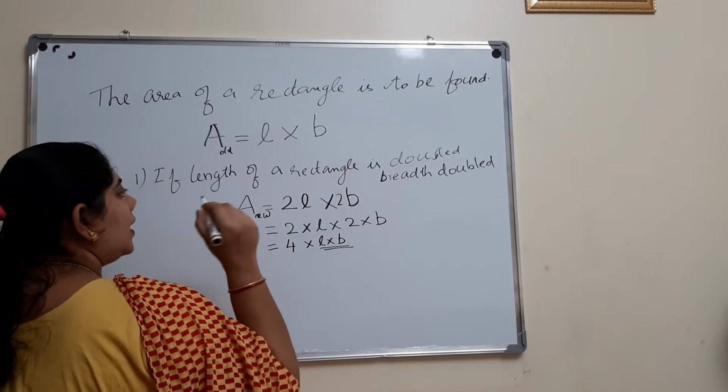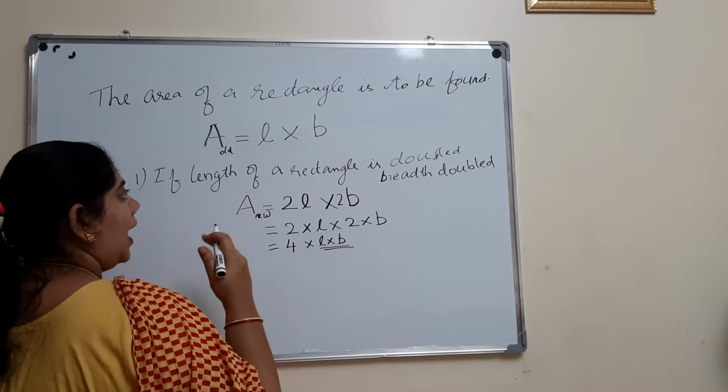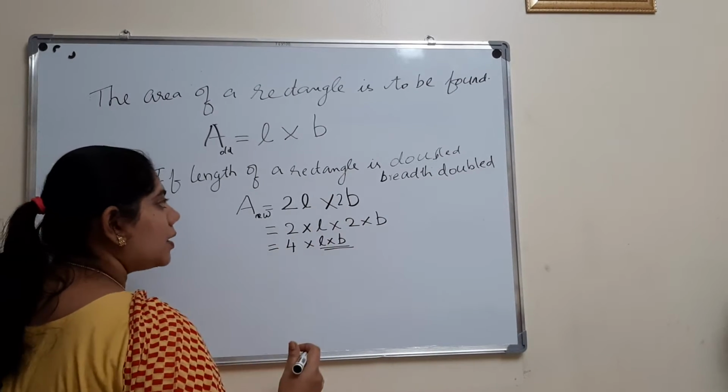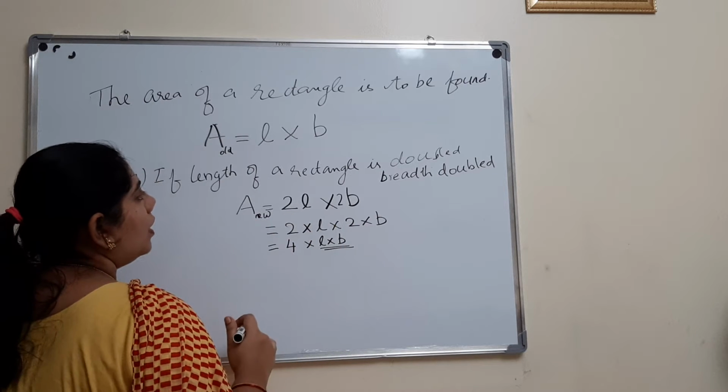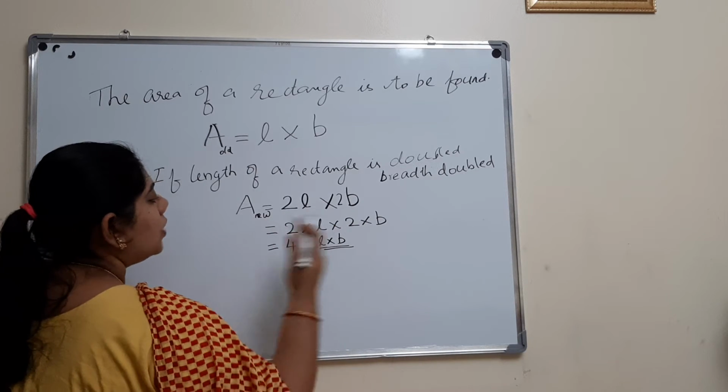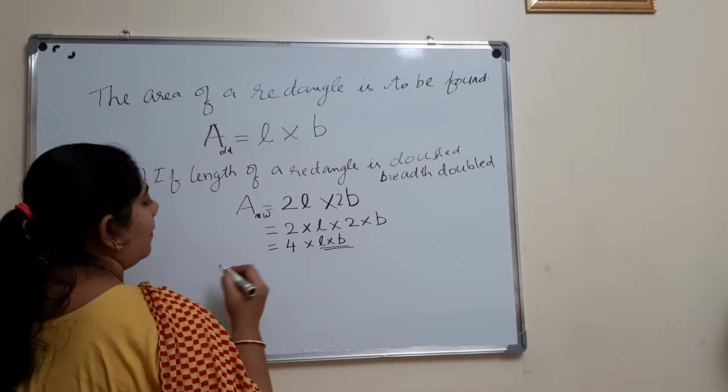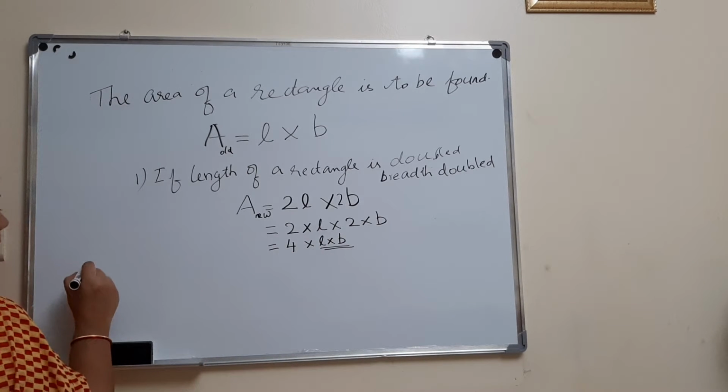So when the rectangle L is doubled and breadth is doubled, what will happen to the area and what change will happen?